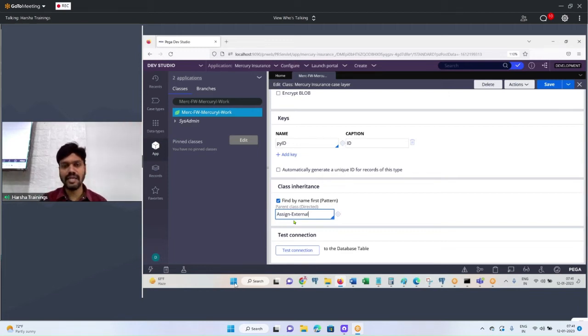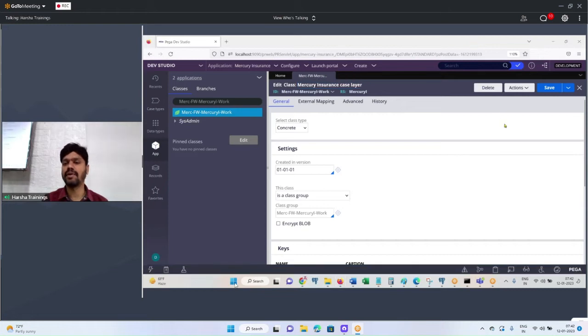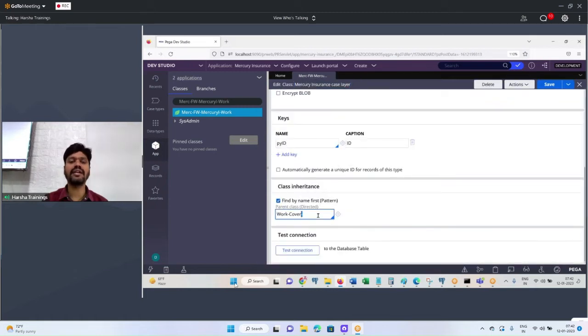Direct parent. See, what was the class that was automatically provided by Pega here? We did not do it. Pega automatically provided this particular class here. What is the class that Pega has chosen as the direct parent to the framework work class? What is the direct parent? Work dash, cover dash.